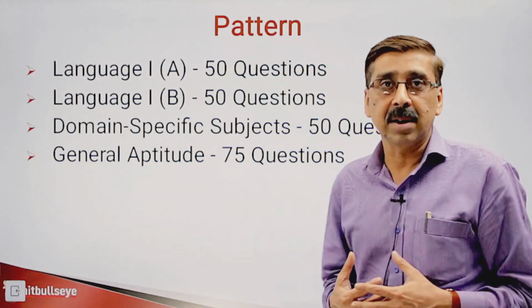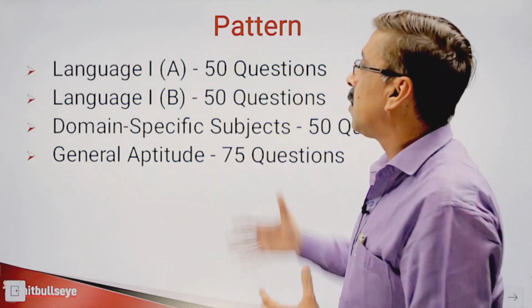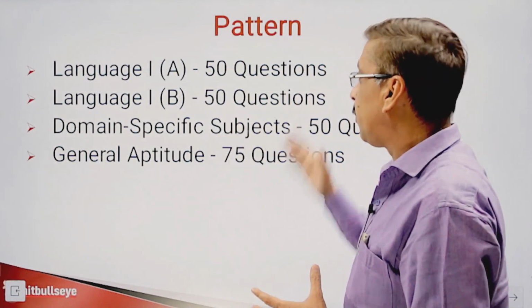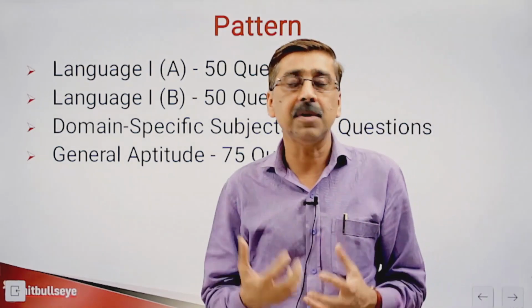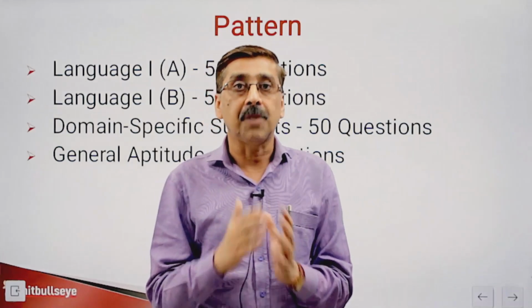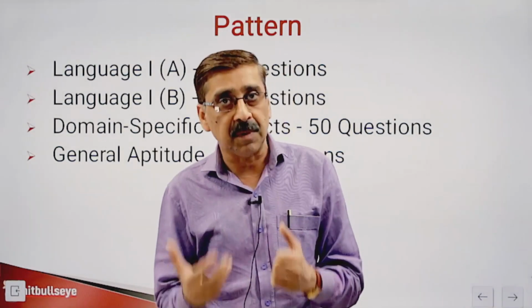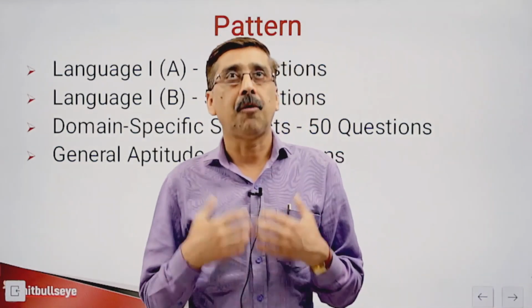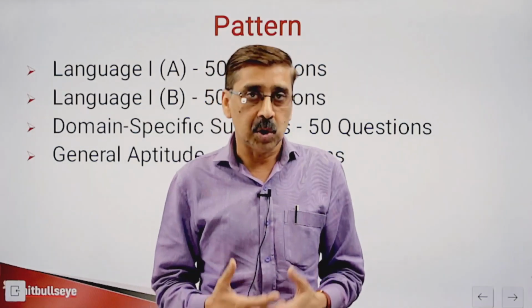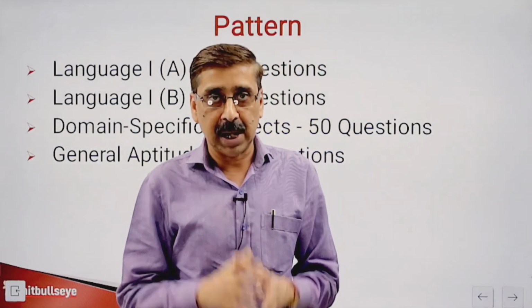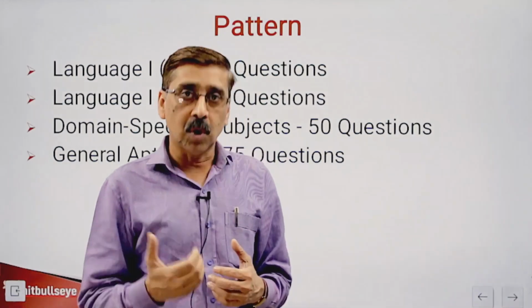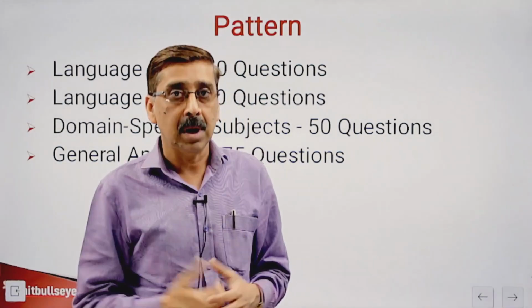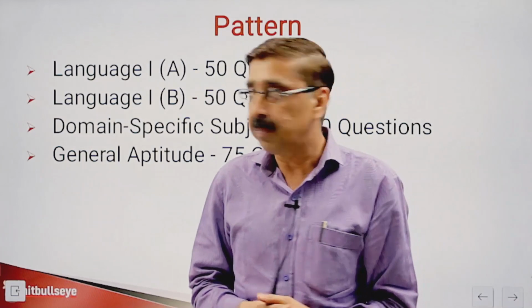If you look at the pattern, guys, it consists of 4 areas. Language, 50 questions, and in this they have specified that out of 13 languages they can pick up one language of medium, which would be considered the medium of instruction. Most of the students across India generally this time picked up English as the medium of instruction, the language in which the paper would be given to them.